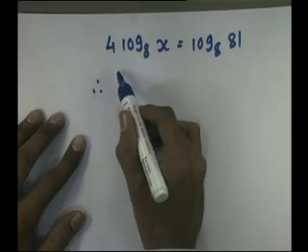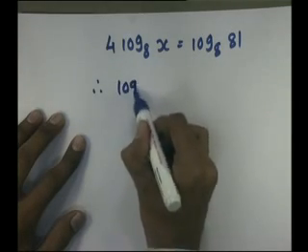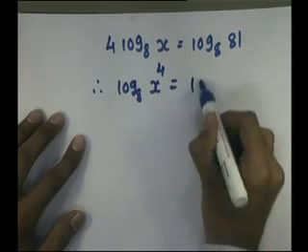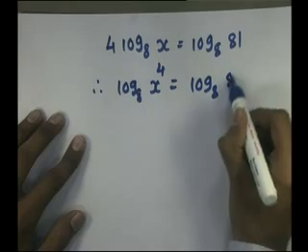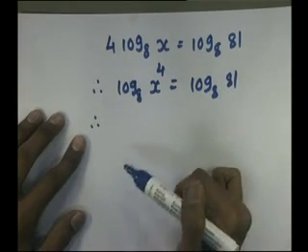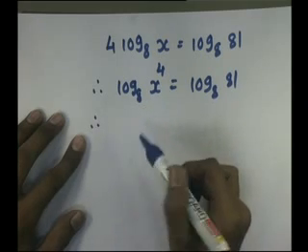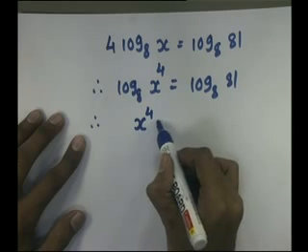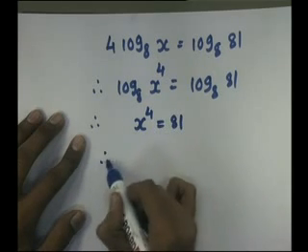On the left hand side we will apply the power property of logarithm: log base 8 of x raised to 4 equal to log base 8 of 81. Now we will apply the equality property on both sides. As the base is the same, we can simply equate the arguments. That can be written as x raised to 4 equal to 81.